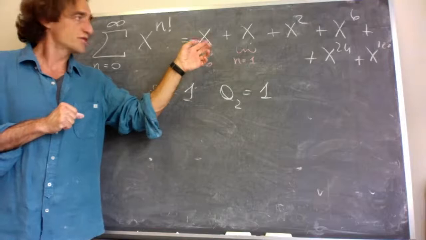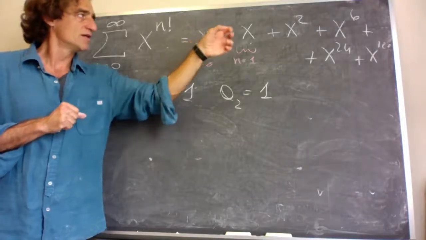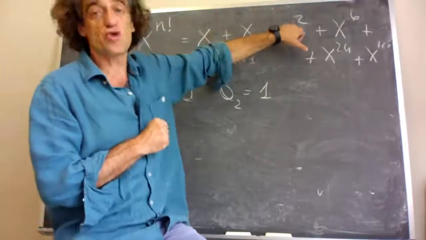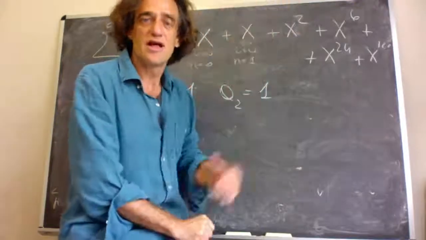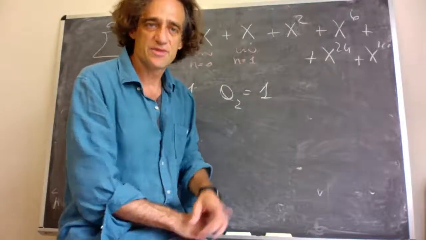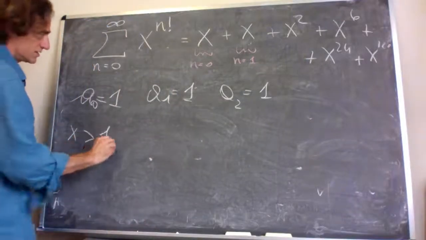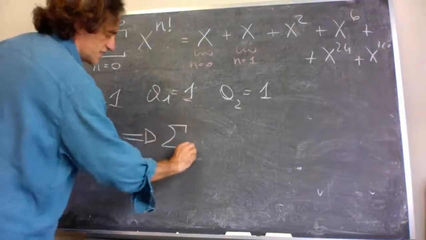Why? Because here we have something larger than 1. Here we have the same thing. Then we have something larger than 1 to the square, then to the 6th power, and so on. Then it goes to plus infinity. So if x is larger than 1, then the series diverges.